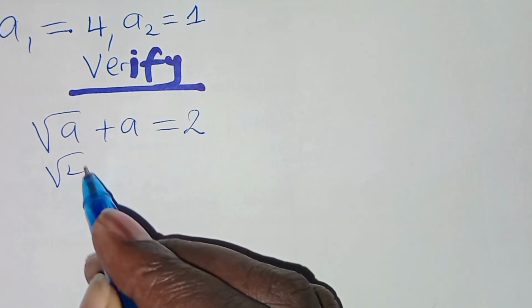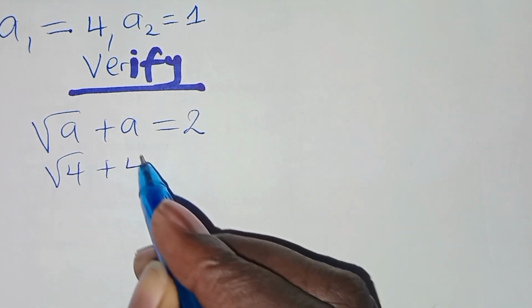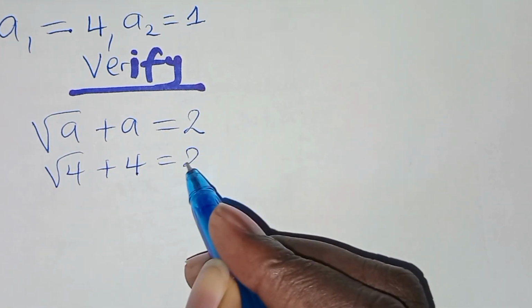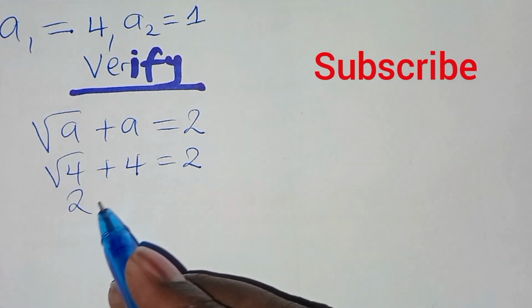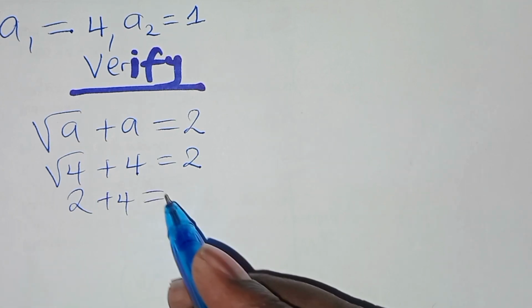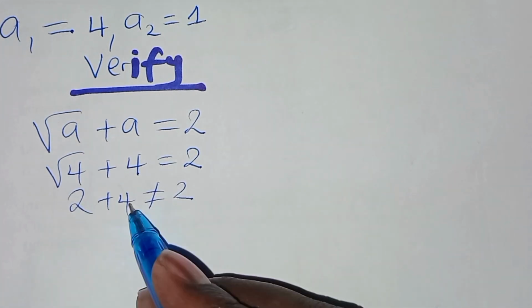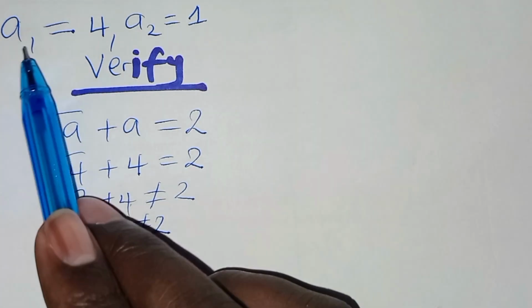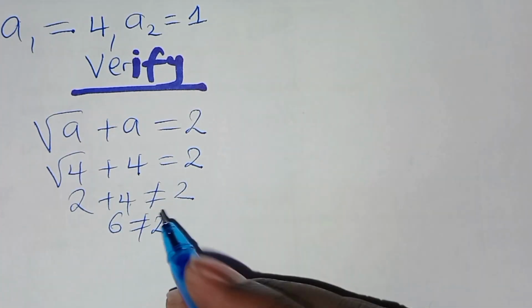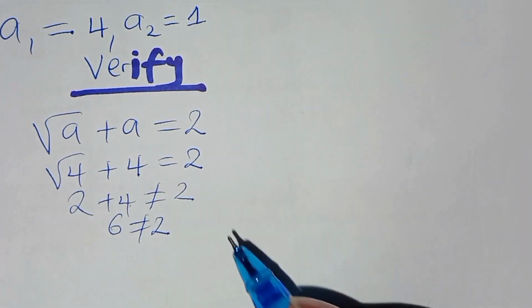We'll have the square root of 4 plus 4. The square root of 4 is 2, and 2 plus 4 is 6, which is not equal to 2. So that means A1 does not satisfy the equation.